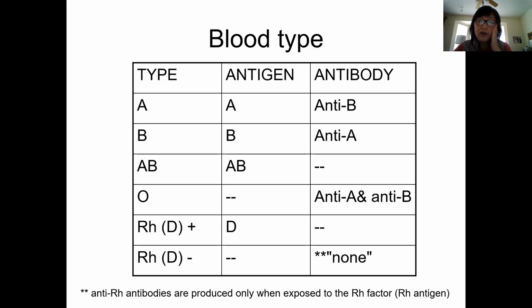If you have type AB blood, you do not have either anti-A or anti-B antibodies. If you have type O blood, then you have both anti-A and anti-B antibodies. For the Rh one, I'm coming back later. So let's just look at the basic ones: type A, type B, type AB, and type O blood.